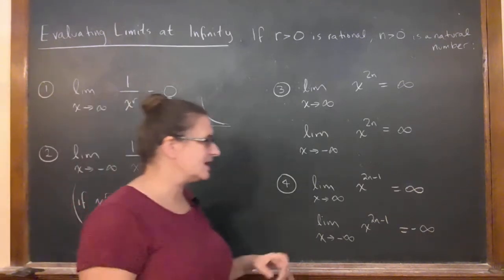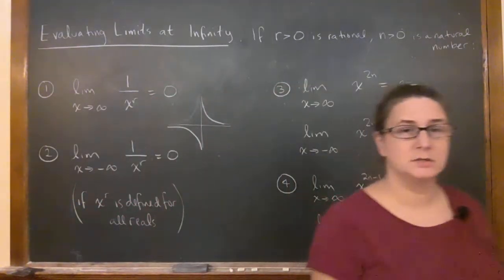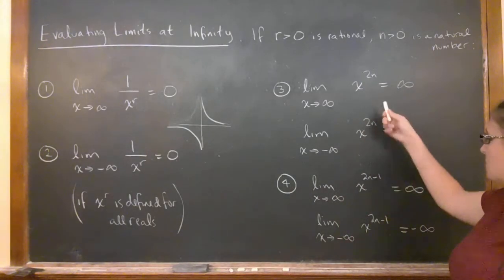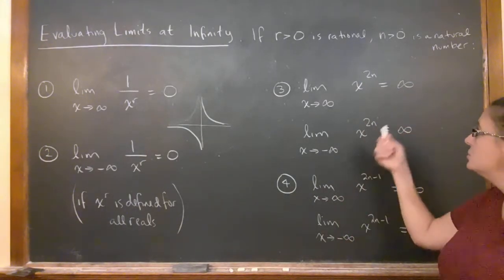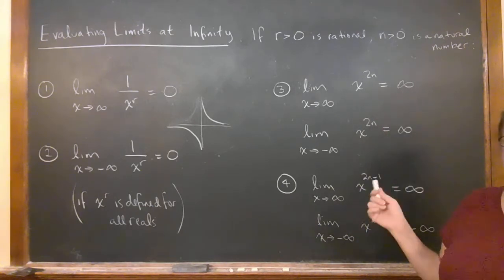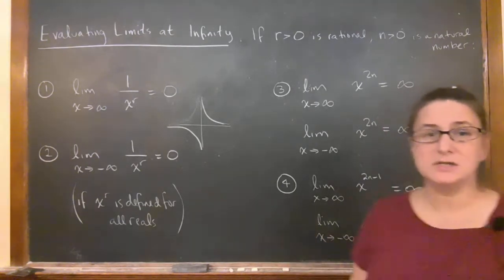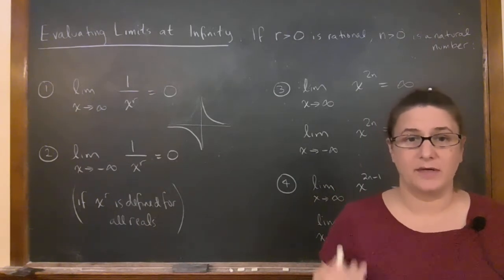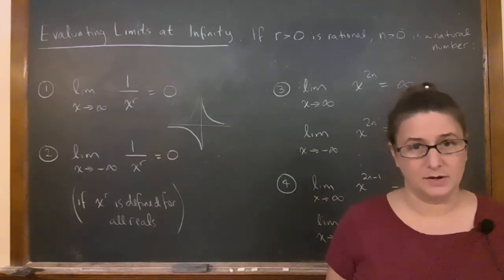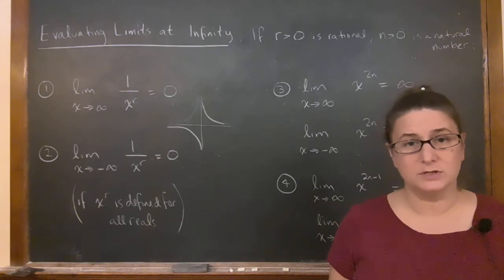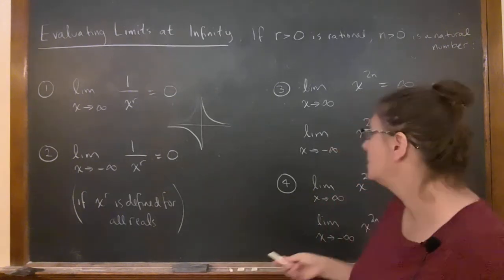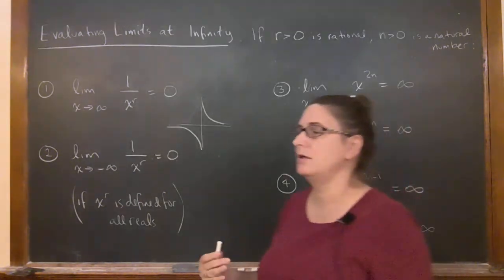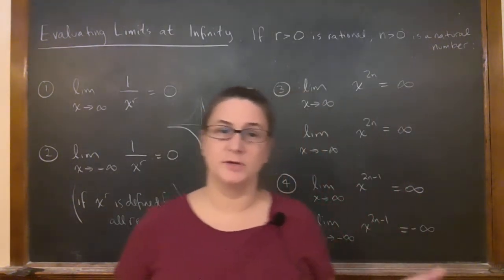Now, if instead I look at polynomials, I'm not going 1 over infinity, I'm just going out to infinity. So I'm going to have something that's growing without bound. Now, if I just have a polynomial, my question is, is it growing without bound positively or negatively? In this case, we're just looking at a monomial, but for a polynomial, it's going to be the leading term that drives it.